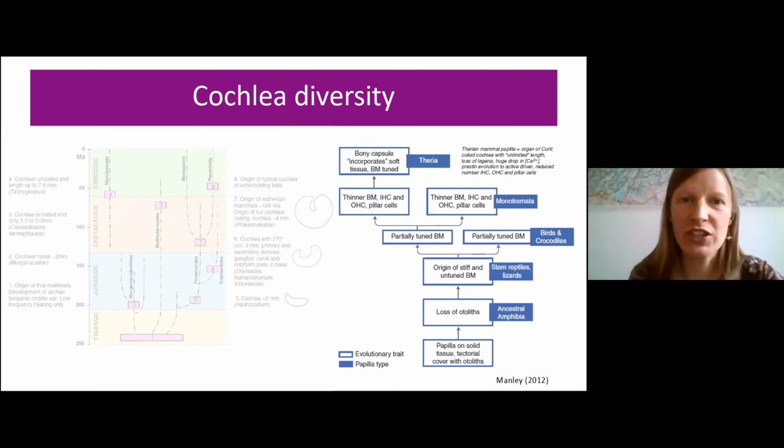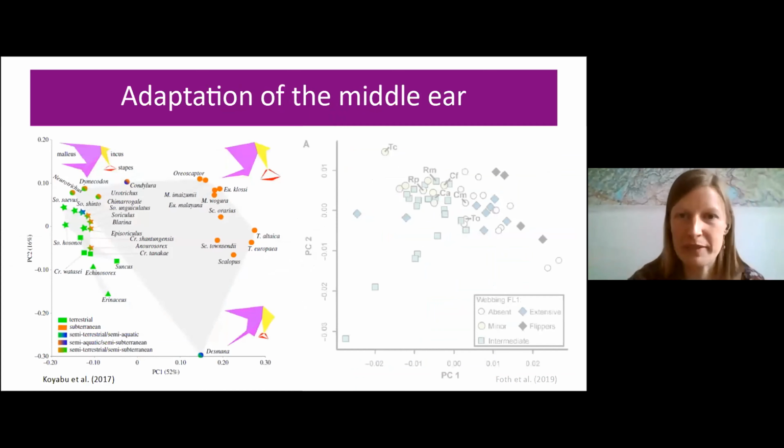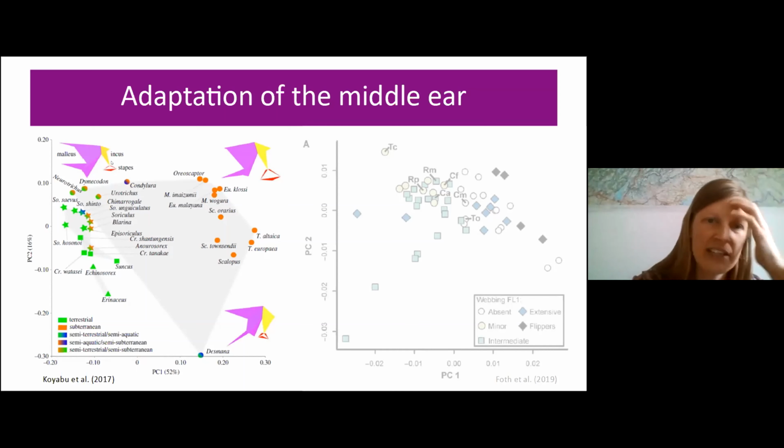And you don't have just a lot of innovation and diversity. Also, this diversity allows mammals to be more adapted. Here, for example, you have an example in some rodents, in some subterranean mammals, like moles or shrews. And here it's a plot of middle ear ossicle shape: malleus in purple, incus in yellow, stapes in red.